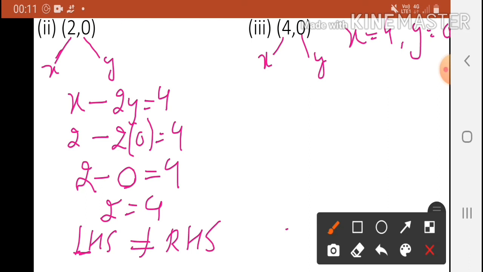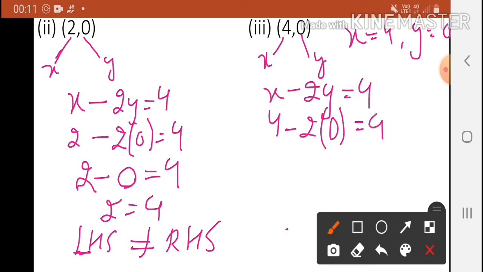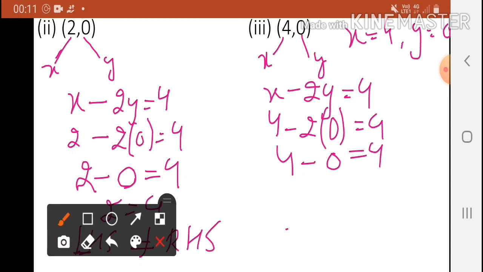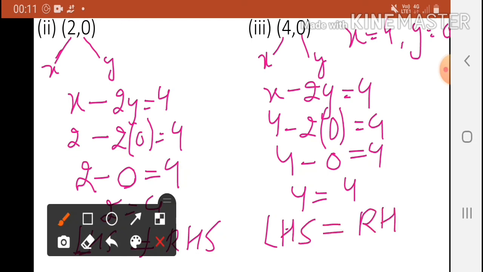So your equation is x minus 2y equals 4. x is 4, minus y is 0, equals 4. 4 minus 2 multiplied by 0 is 0, equals 4. Now 4 equals 4. In this case LHS is equal to RHS. So this is a solution of this equation.